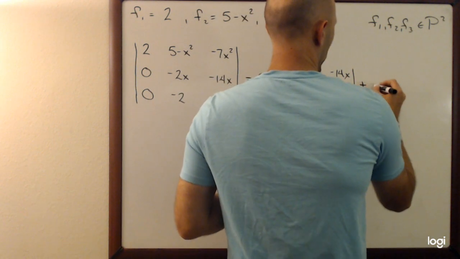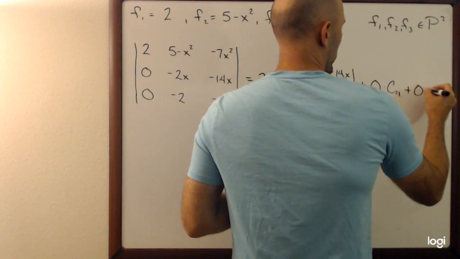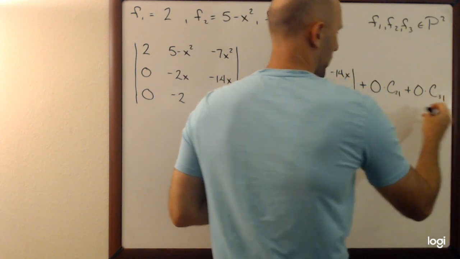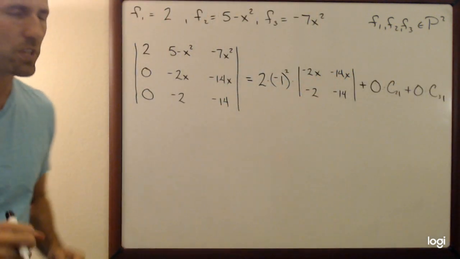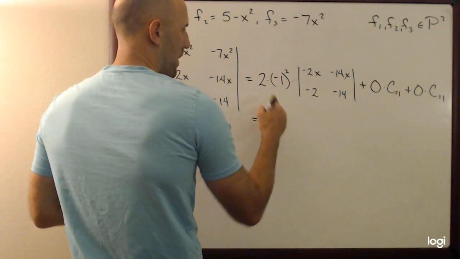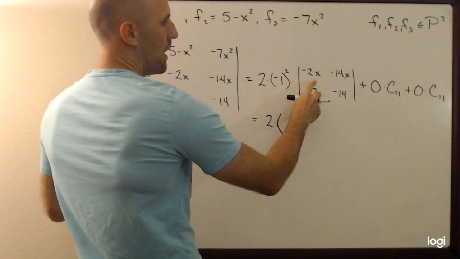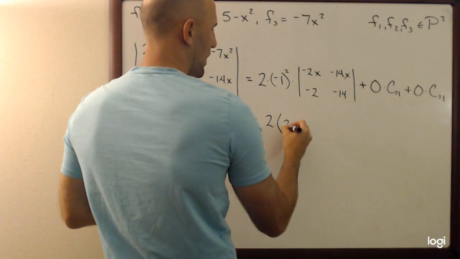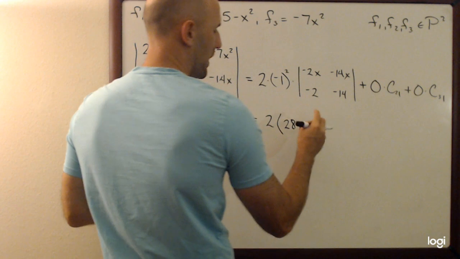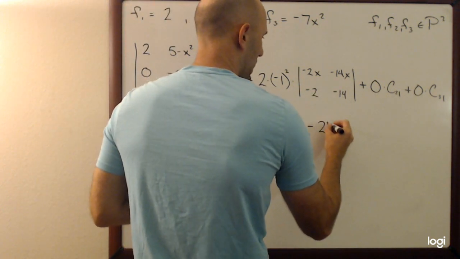So I'm going to get 0 times the cofactor for 2,1 plus 0 times the cofactor for 3,1, and the values of all those things are 0. So let's look at what we have here. Okay, so I've got 2 times negative 1 squared, that's just 2. Okay, 2x times negative 14 is 28x minus negative 2 times negative 14x, that's 28x.